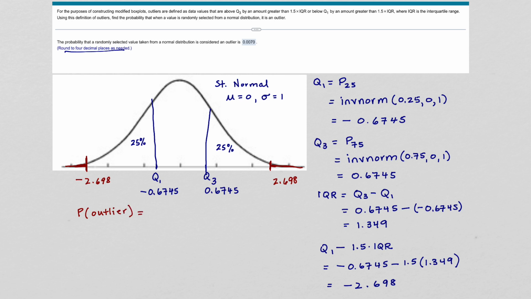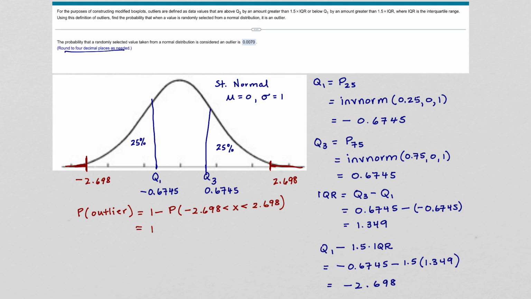And so what I'm going to do is rather than calculate those two small tails, I'm going to do 1 minus the probability that we have a value between negative 2.698 and positive 2.698 and subtract that from 1.